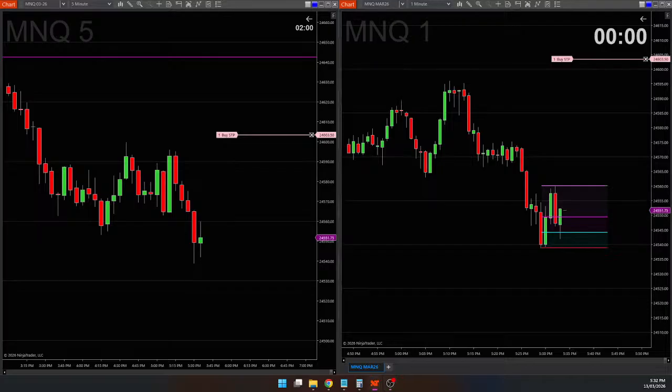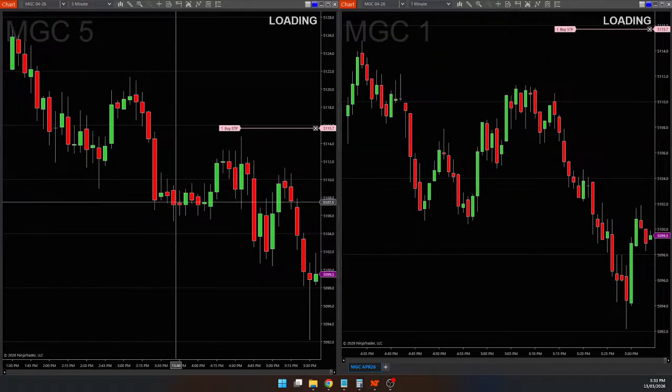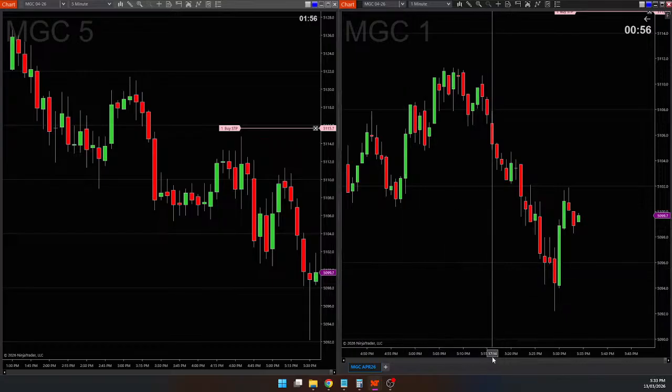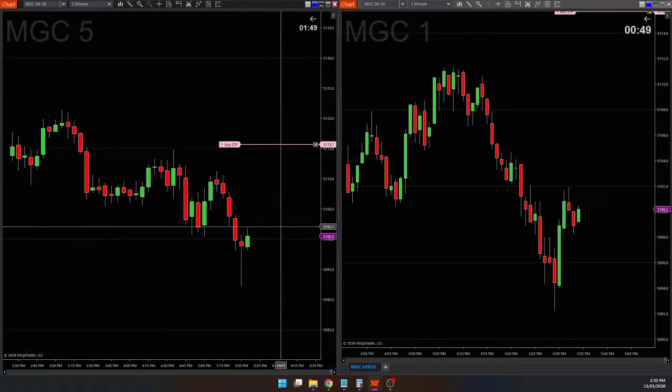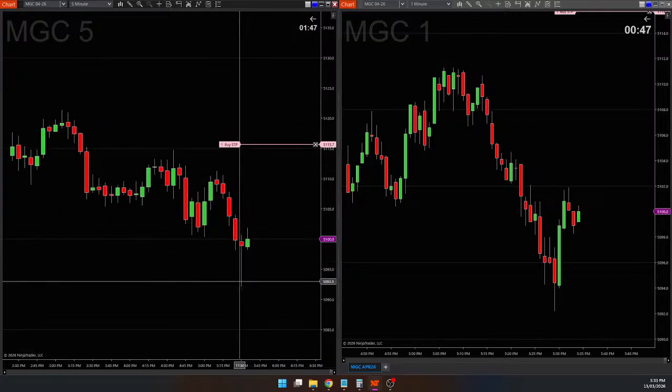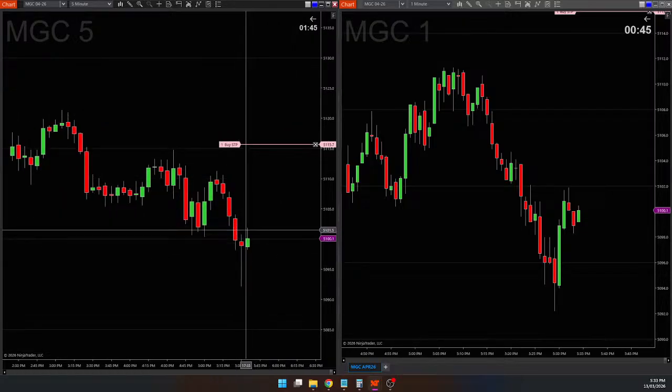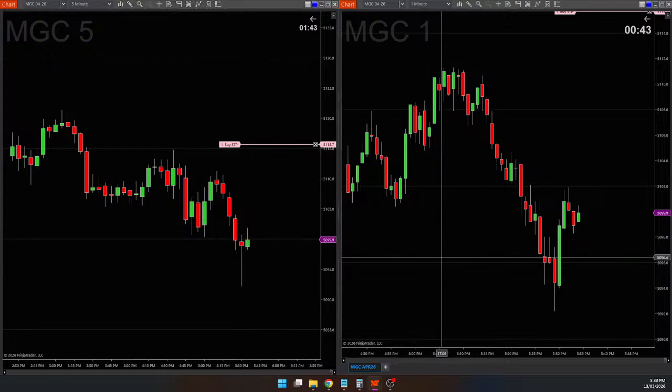Look at gold again. So once again, we've got this pin bar. This candle ends in just under 2 minutes.